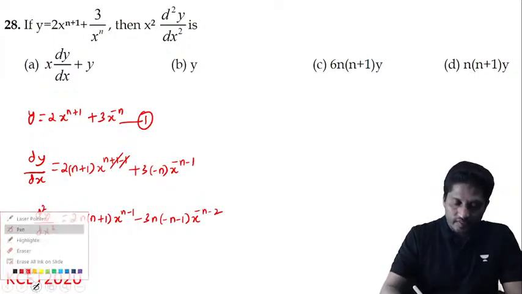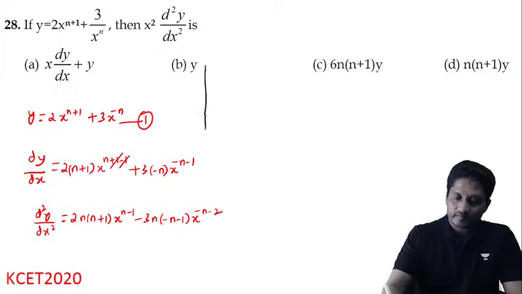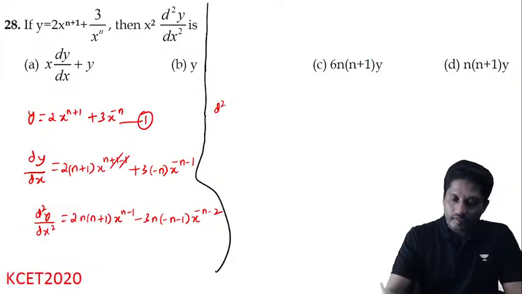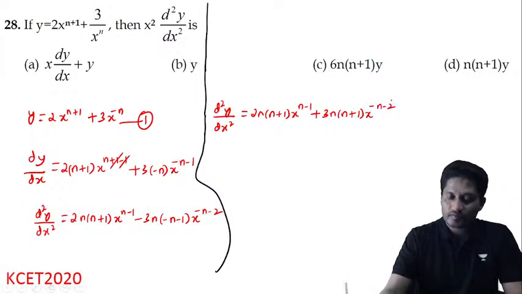So d square y by dx square is equal to 2n into n plus 1 x to the power of n minus 1 plus 3n into n plus 1 x to the power of minus n minus 2.